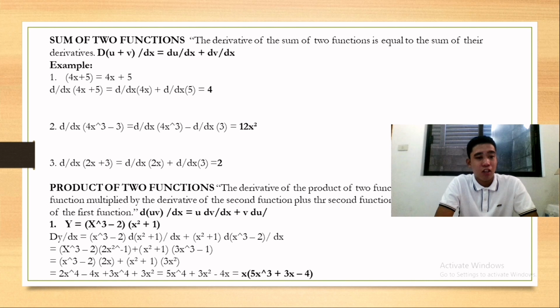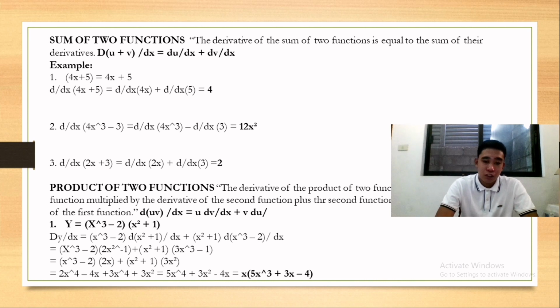Example, d over dx of (4x plus 5) equals d over dx of 4x plus d over dx of 5 equals 4. d over dx of (4x cubed minus 3) equals d over dx of 4x cubed minus d over dx of 3 equals 12x squared. d over dx of (2x plus 3) equals d over dx of 2x plus d over dx of 3 equals 2.